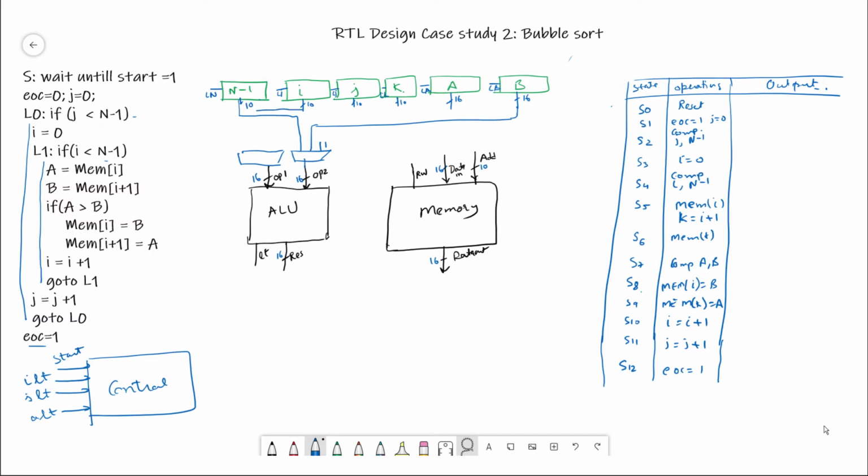So I could be the first operand, j could also be an operand here, and A could be an operand. K is not there. So it could be I, j, and it could be A also.